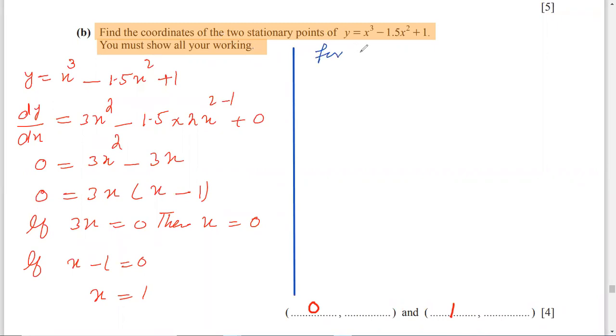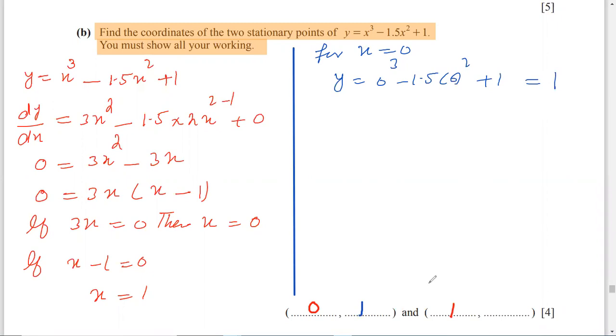So for x is equal to 0, y is equal to 0 cubed minus 1.5 times 0 squared plus 1. So it is only 1 by simplification. So here the y coordinate is 1.